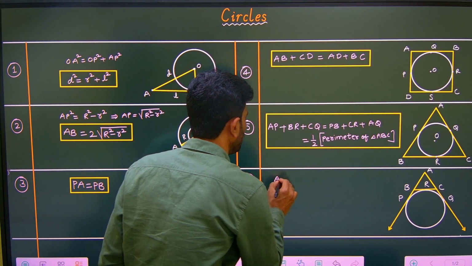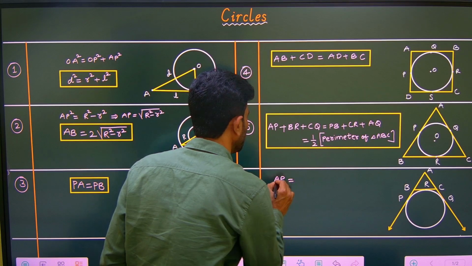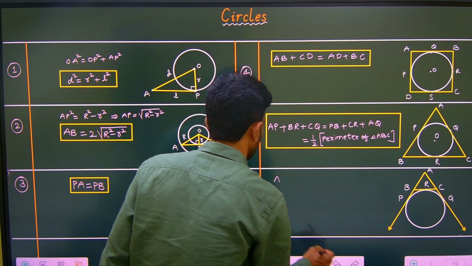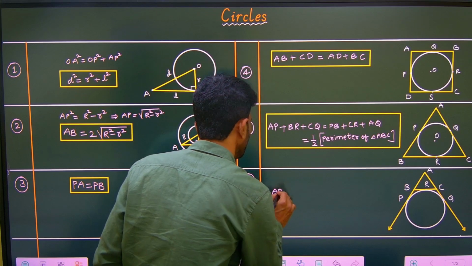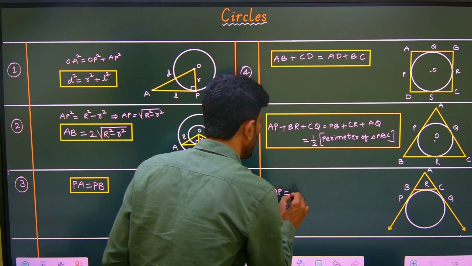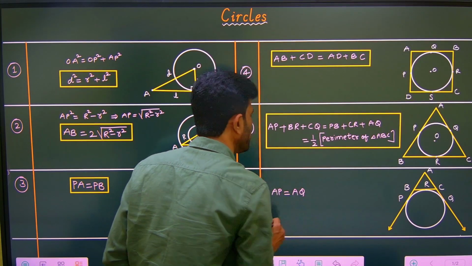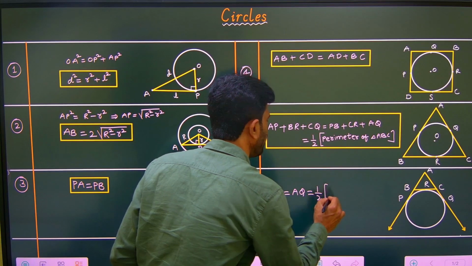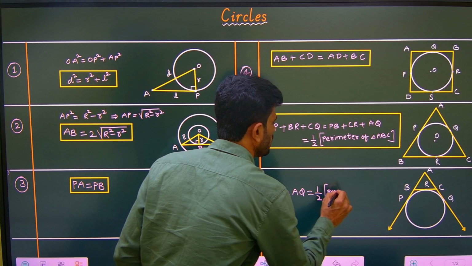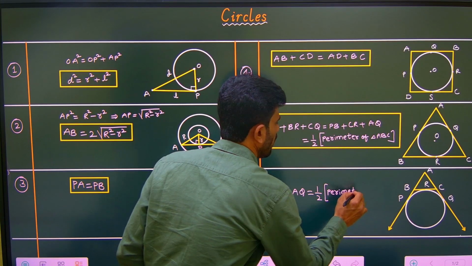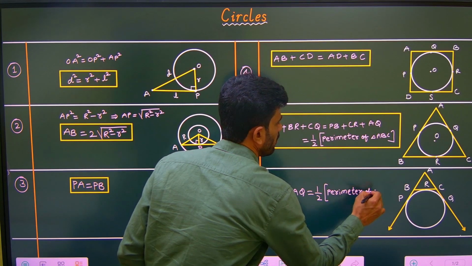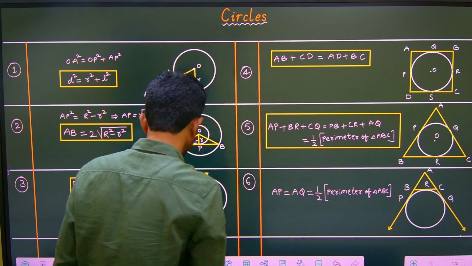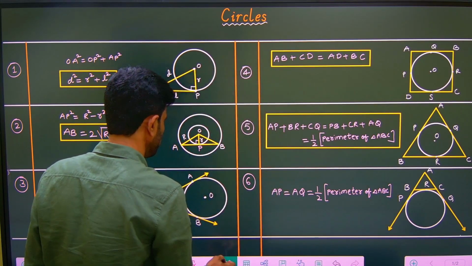AP is equal to AQ because lengths of tangents are equal. AP equals AQ, and both are equal to half the perimeter of triangle ABC. This is also one important result, and you have to remember it.